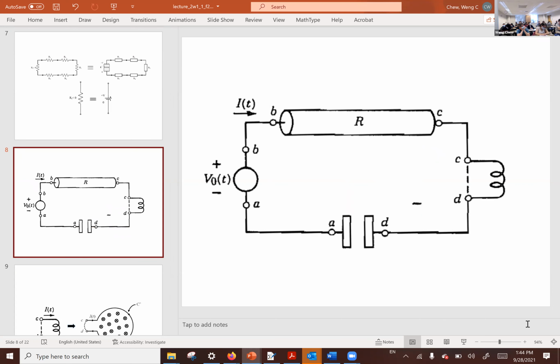And let's apply Kirchhoff's Voltage Law and Kirchhoff's Current Law, or maybe primarily Kirchhoff's Voltage Law, to a circuit that looks like this. It has a combination of resistor and inductor and a voltage source.